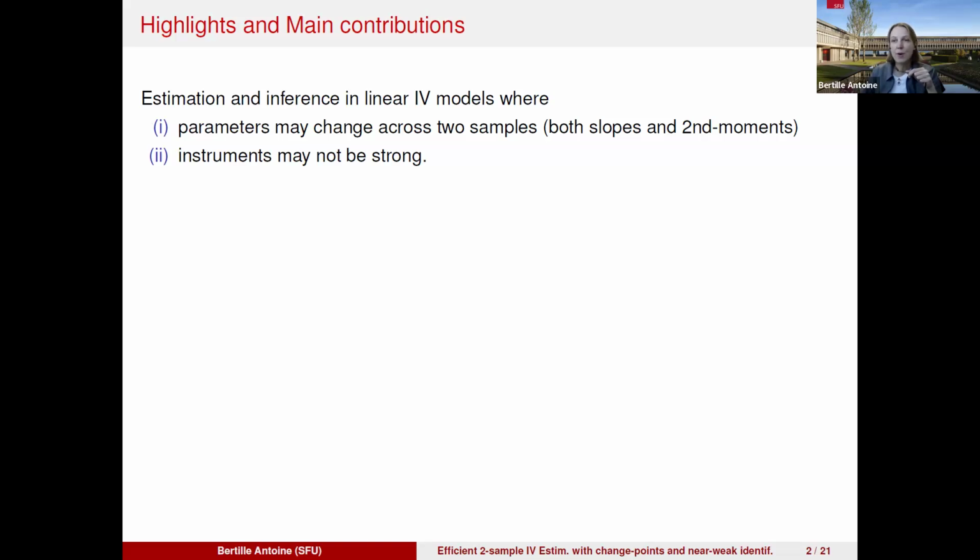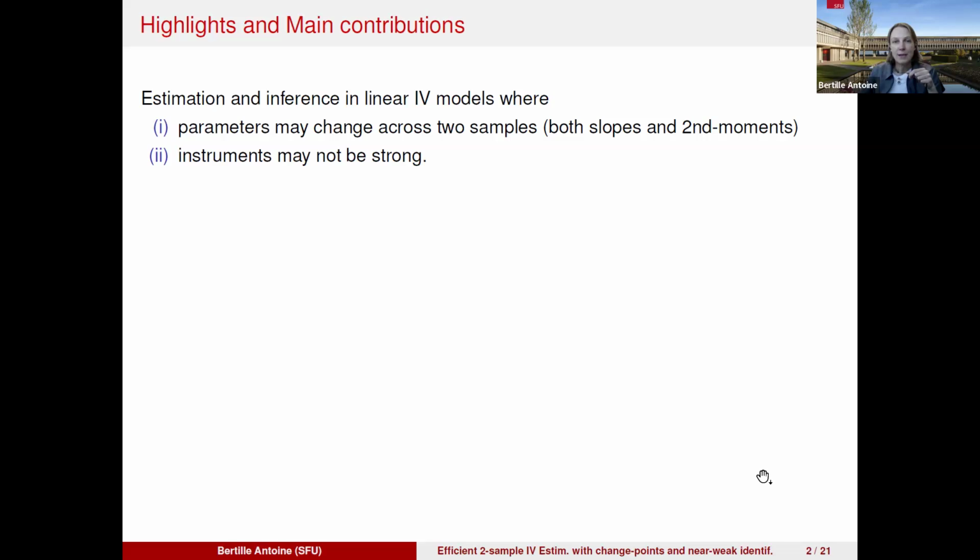The first one is that the parameters may change abruptly in the sample. And we are talking here about changes of the slope parameters, as well as changes in the parameters that are governing second moment, so variances, as well as relationship between instruments and endogenous variables. And the second feature is that these instruments may not be very strong.